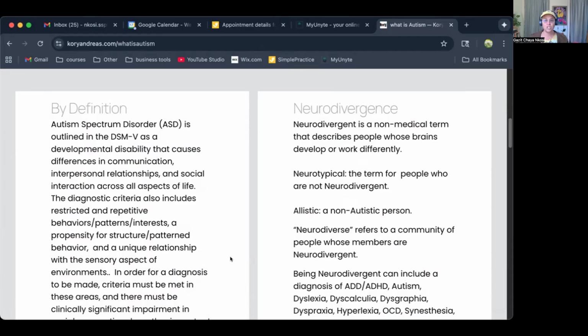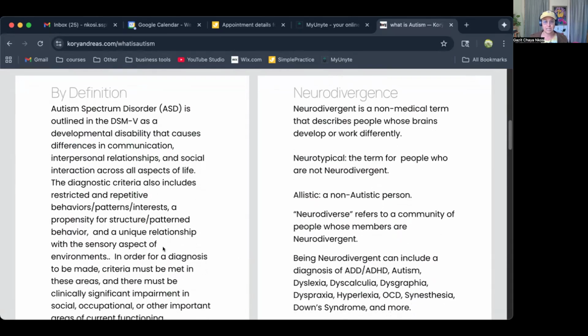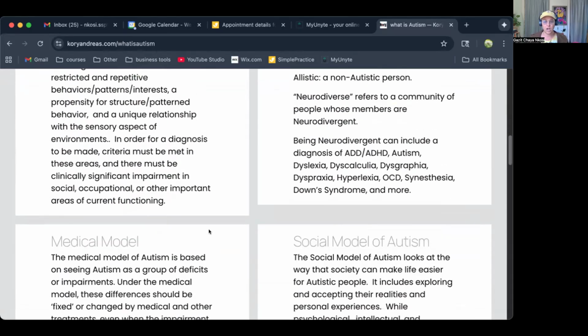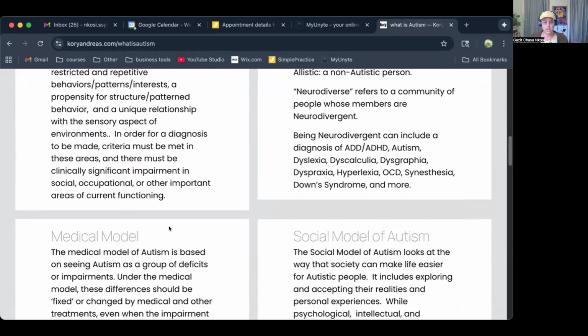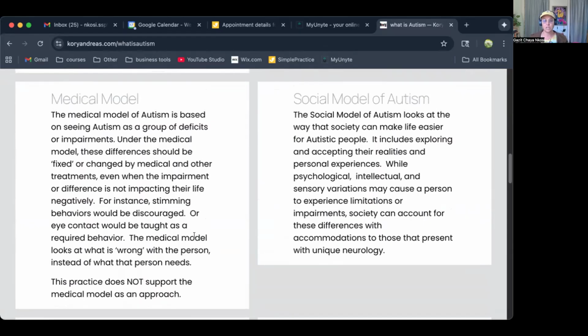Okay. So this is a nice, clear definition of autism as outlined in the DSM. And then below it we've got the differentiation between the medical model of autism, which is primarily based on a pathologizing perspective, and that's where the DSM comes from, right?